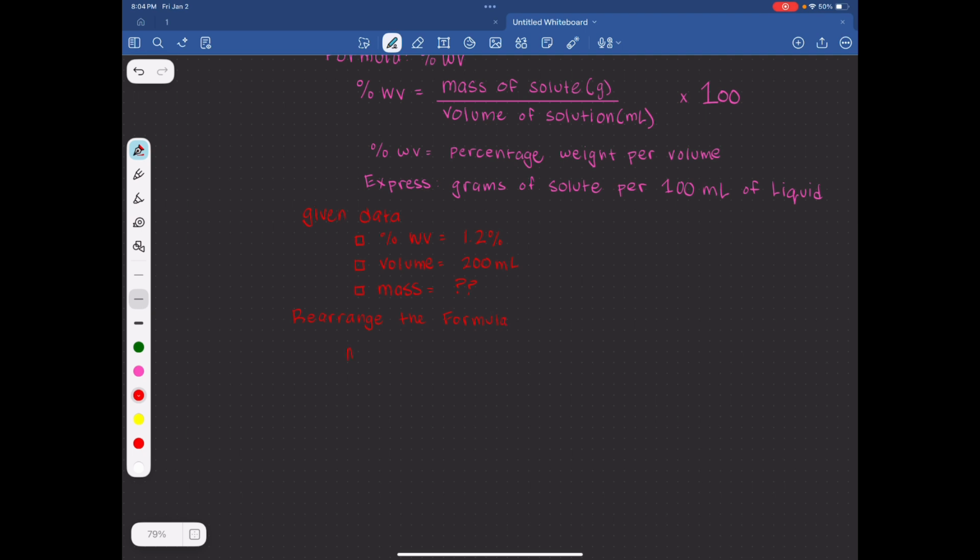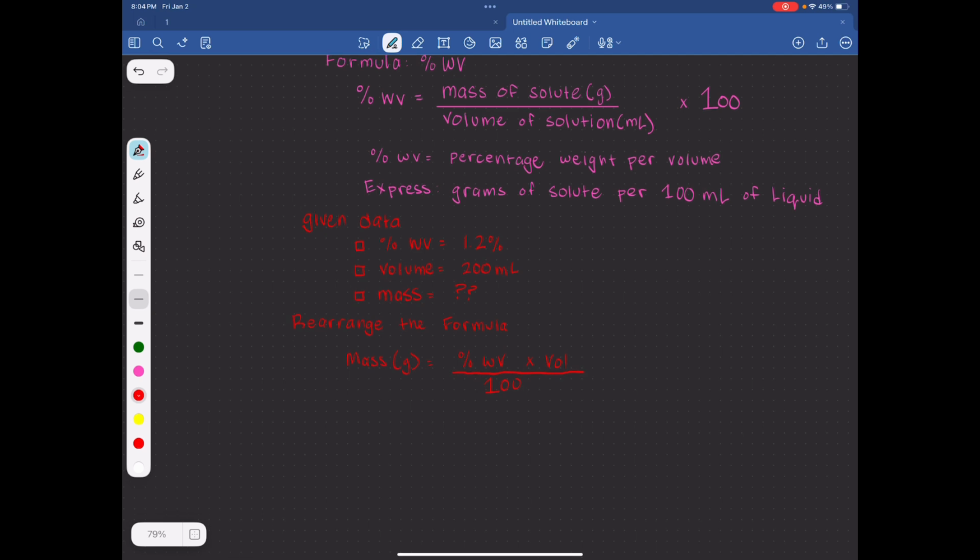So we've got our mass in grams is going to be equal to our percent weight and volume times the volume all over 100, right?